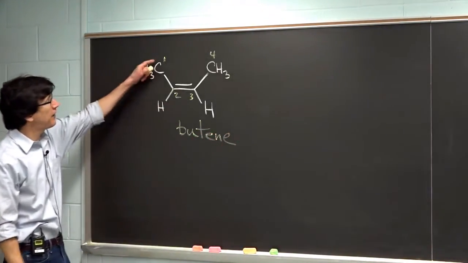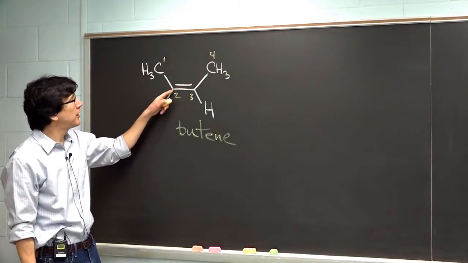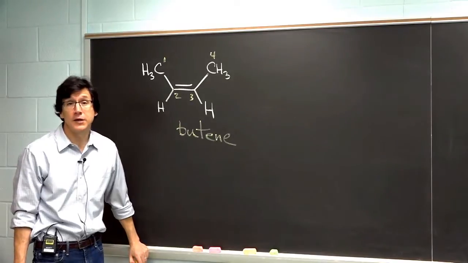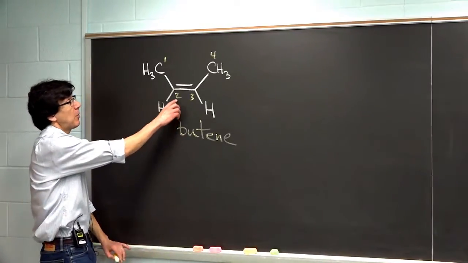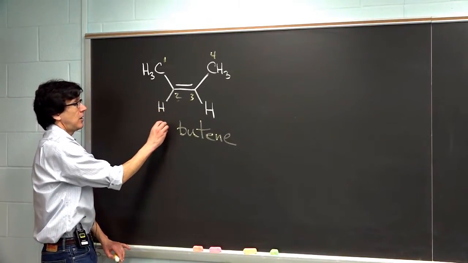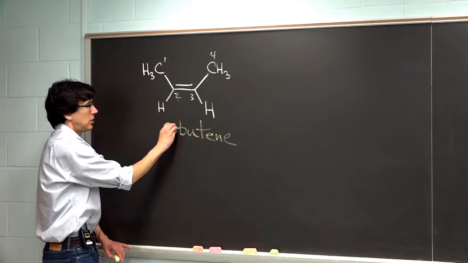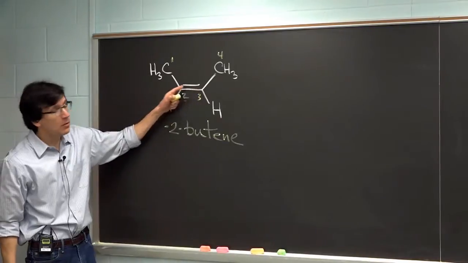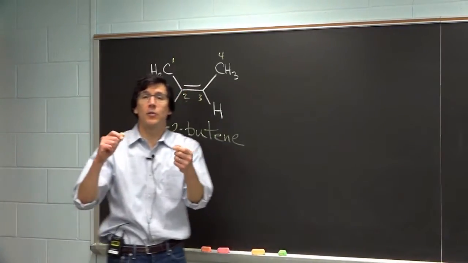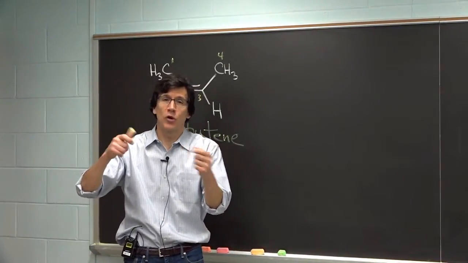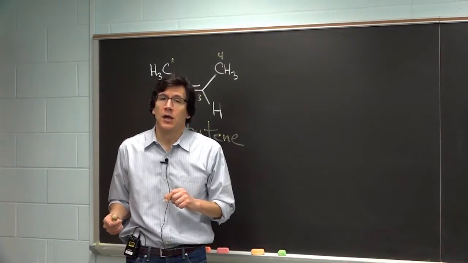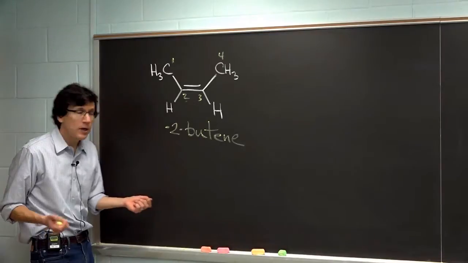And then, if you have a 4-carbon chain, the double bond could be in the middle or it could be at the beginning. So we have to specify where the double bond is. The double bond starts at carbon 2. And then, what do you know about a carbon-carbon double bond? When you have a carbon-carbon single bond, you can rotate very easily around it. Can you do that in a carbon-carbon double bond compound?